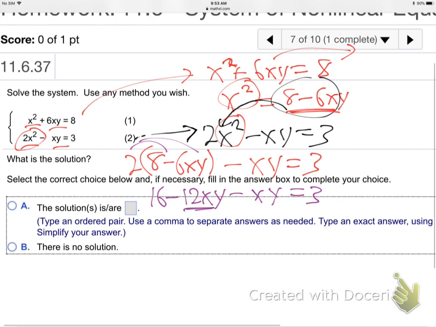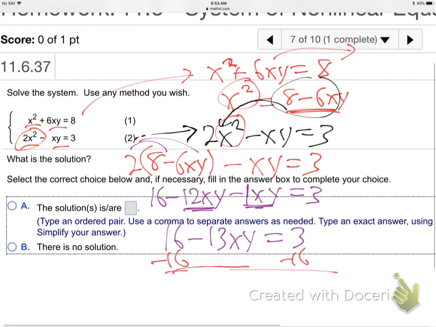And then this is minus 12xy and minus 1 more xy is minus 13xy. Pretty good to there. And then subtract 16, and we get minus 13xy is minus 13. That's nice. And so then divide by minus 13.